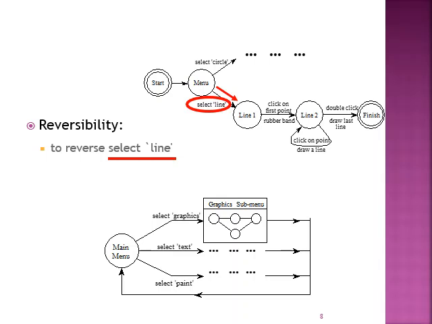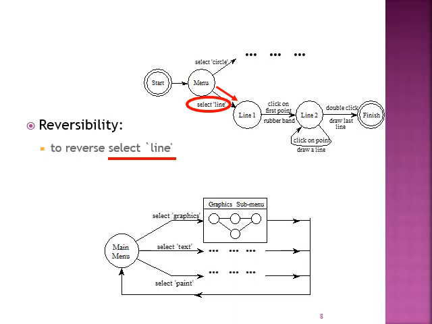Next property is known as reversibility. Can we return to the previous state from the current state? Reversibility ensures that the user can recover from mistakes, thus increasing confidence and satisfaction. This rule means that the user should always be able to quickly backtrack whatever they are doing.